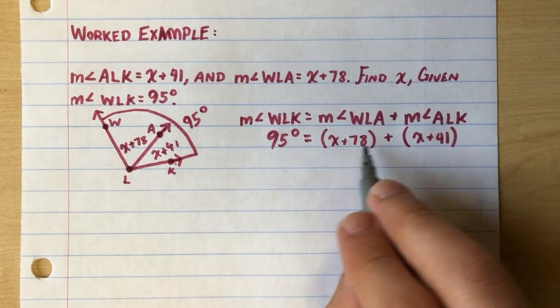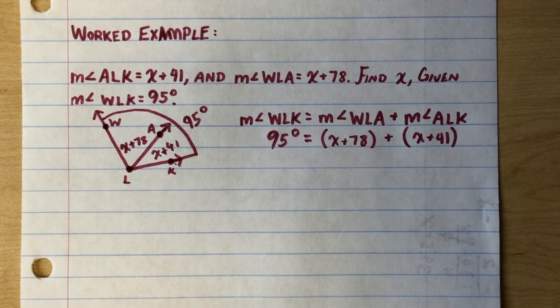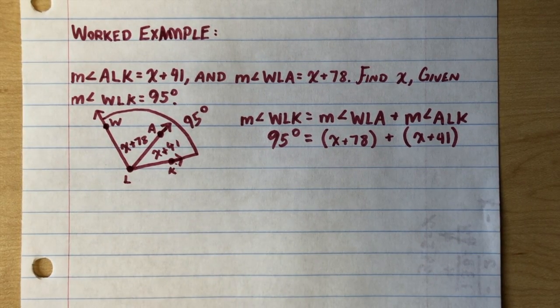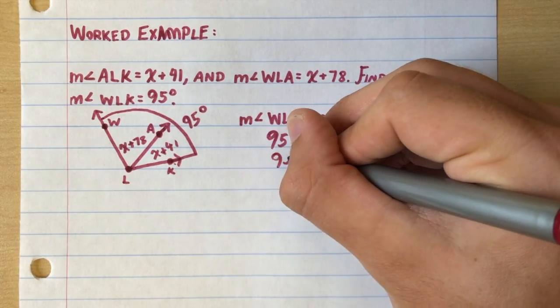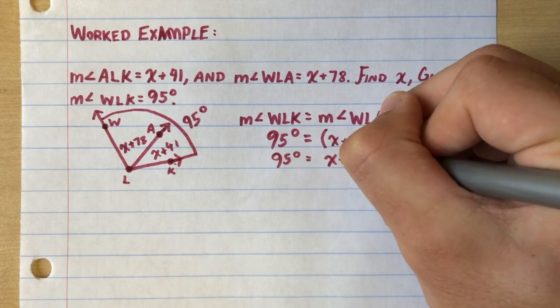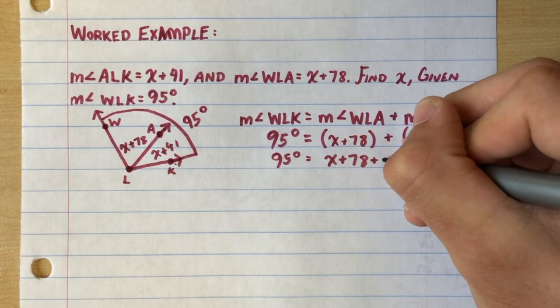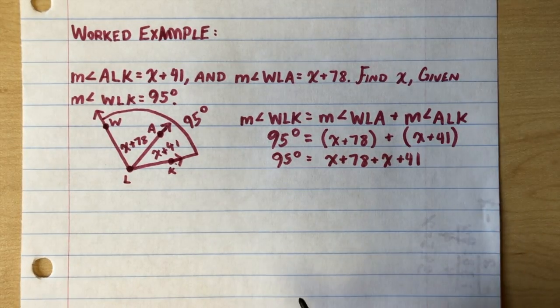Now, these parentheses are not really doing anything other than helping you see what the groupings are. There's no multiplication going on with them, so I can just basically take everything right out of that and rewrite this as everything but without parentheses. So there it is again, and now I can combine like terms.